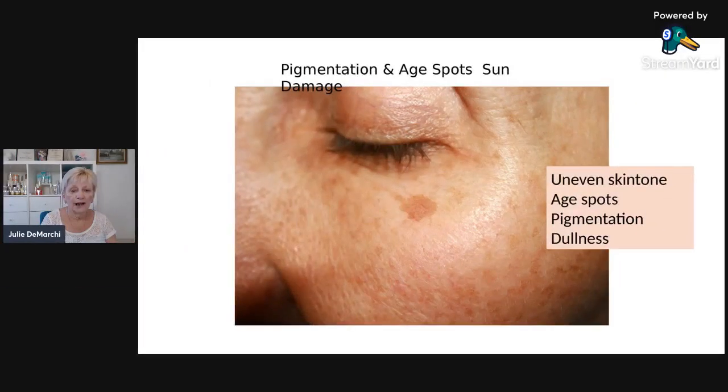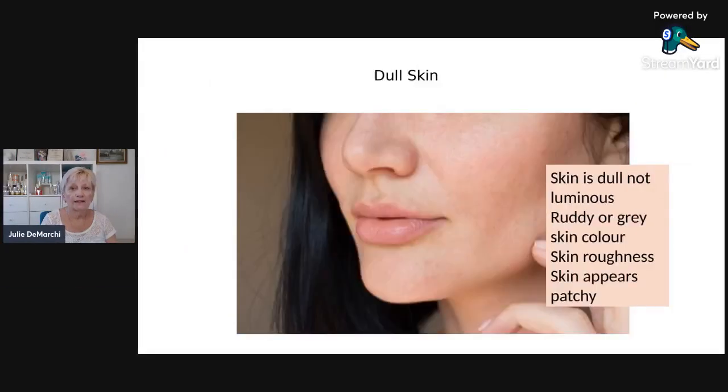And then also we have dull skin. So dull skin is when your skin is looking lackluster, it's flat, it could even have a bit of a grey sort of a tinge to it.